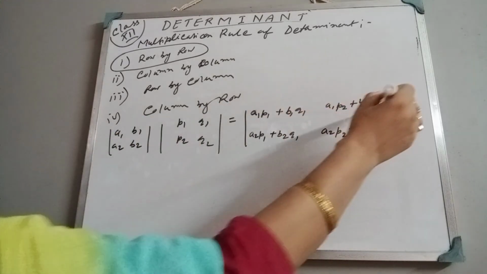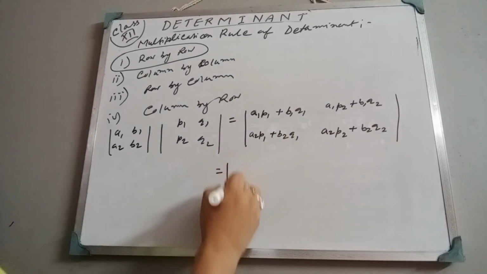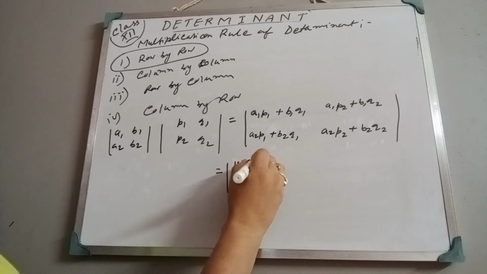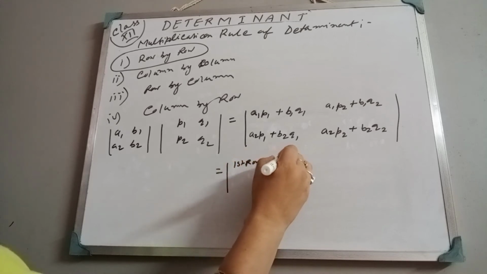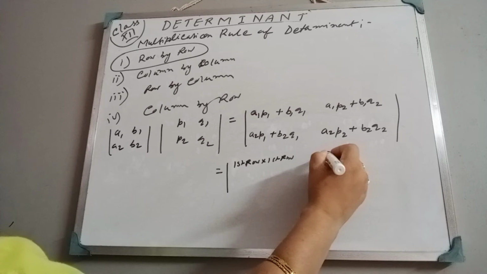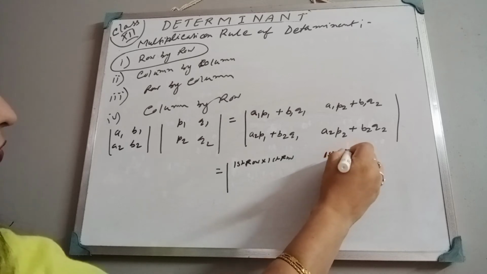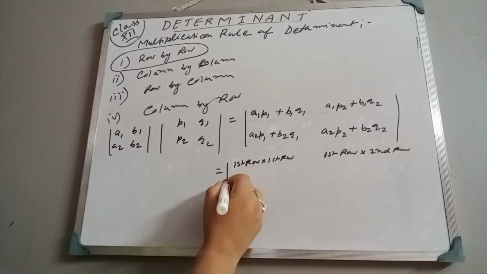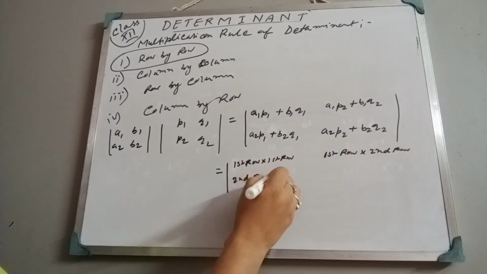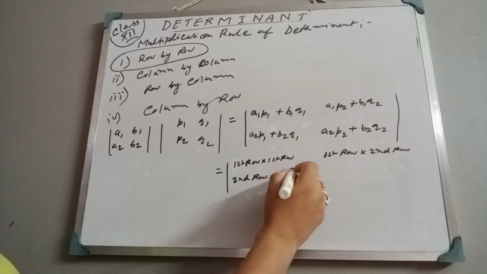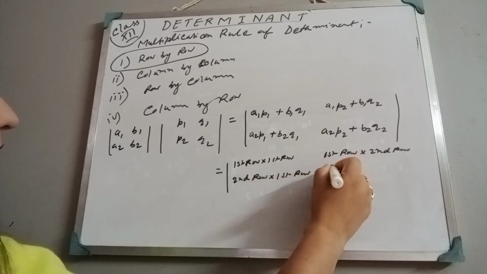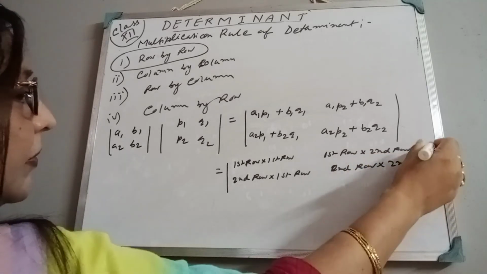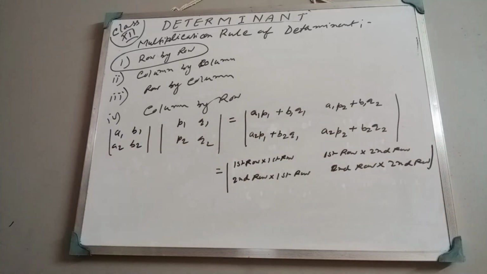Just remember this is row by row: first row into first row, this element first row into second row, here second row into first row, and here second row into second row. Remember this.